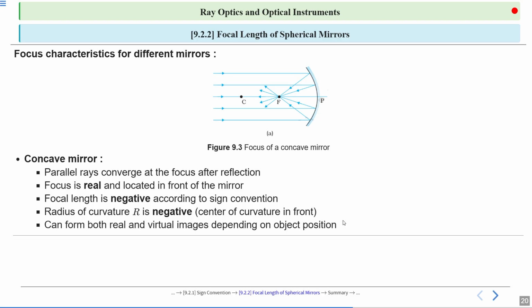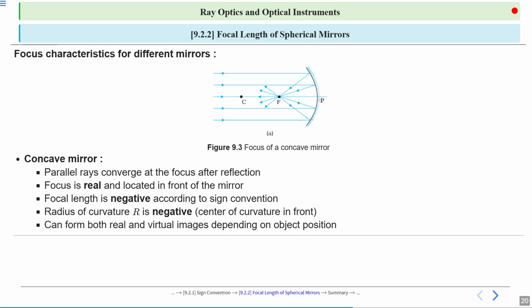It can form both real and virtual images depending on the object position. Okay, you may have discussed in 10th class the cases of image formation. There are 6 cases of image formation for a concave mirror.